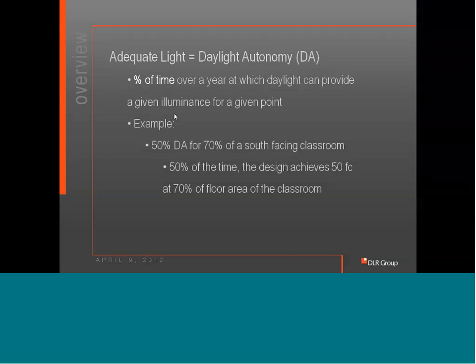For instance, if we're looking at a classroom that is designed to achieve 50-foot candles, then 50% DA for 70% of a south-facing classroom means that 50% of the time the design achieves 50-foot candles at 70% of the floor area.